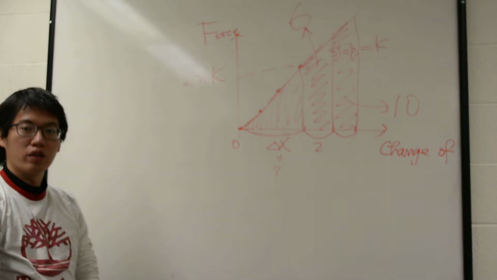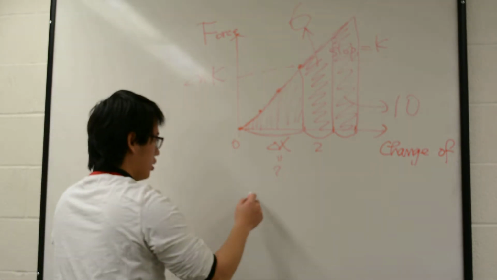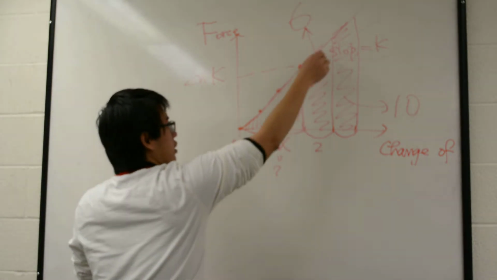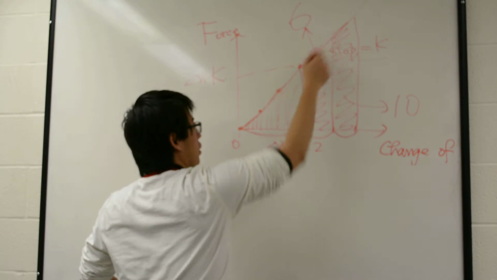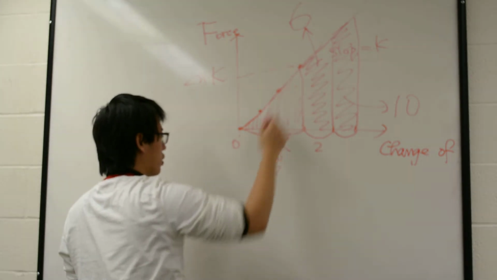So you can write down the equations. The first equation is the middle triangle minus the small triangle.